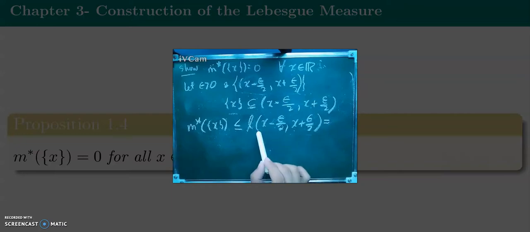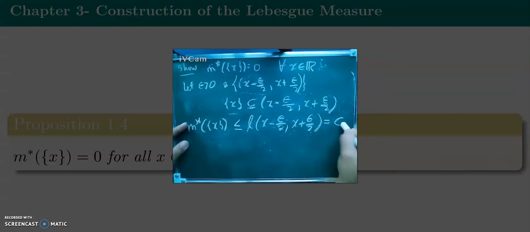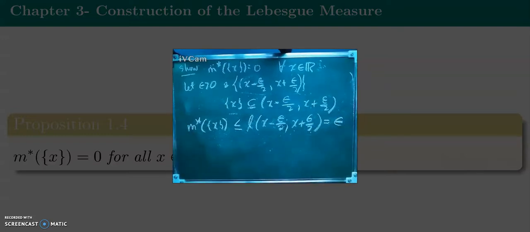So x minus x is 0. Epsilon over 2 minus negative epsilon over 2 is 2 epsilon over 2, and that is equal to epsilon. So we have now this one less than or equal to epsilon.